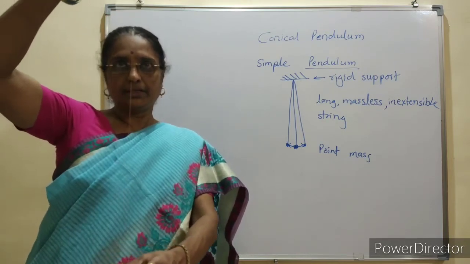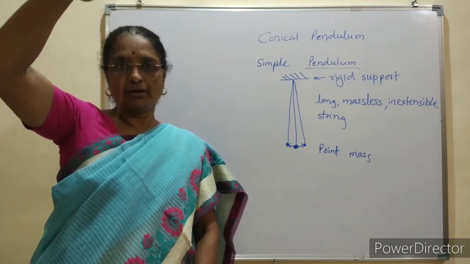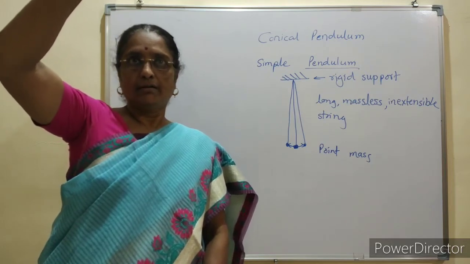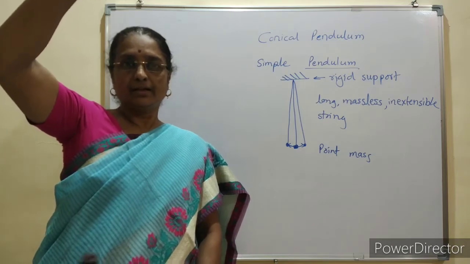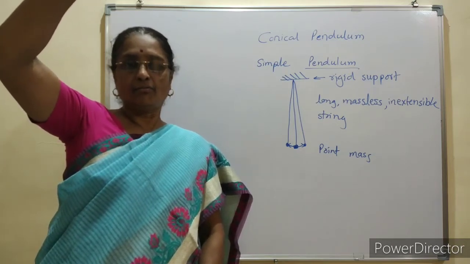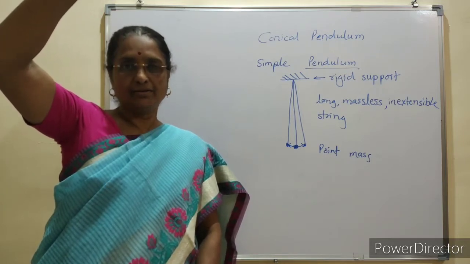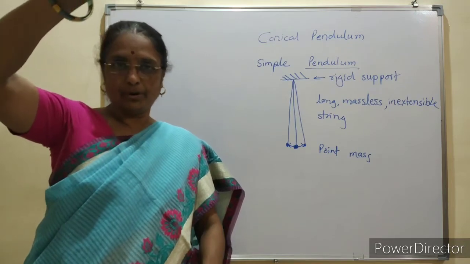But if it is made to revolve along the right circular cone with vertical axis, then the mass performs horizontal circular motion. Then this system is called a conical pendulum.